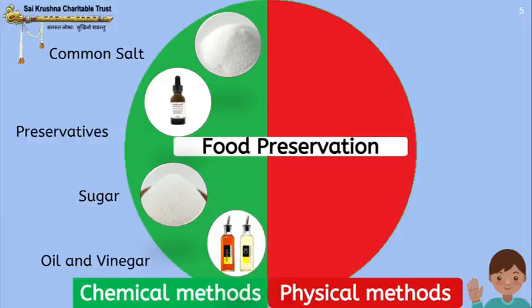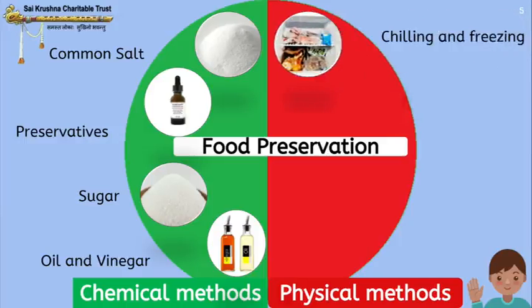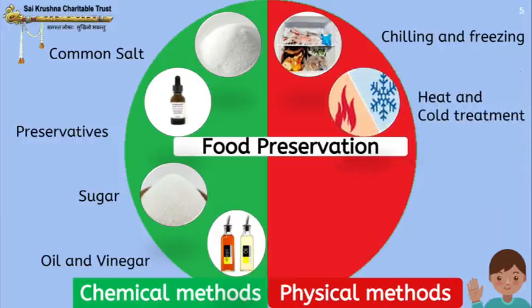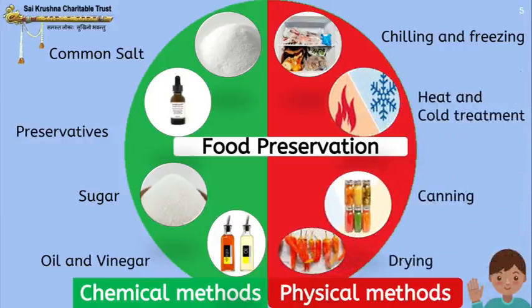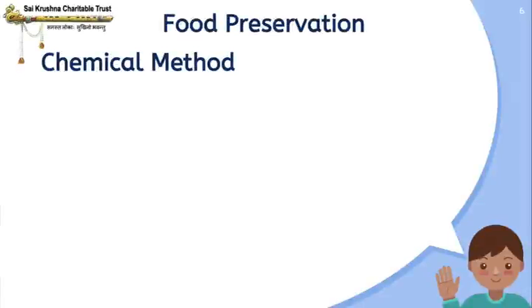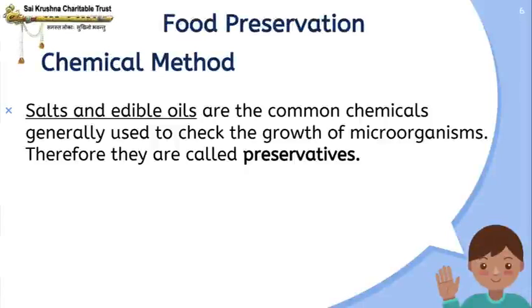Some of the physical methods of food preservation are chilling and freezing, heat and cold treatment, canning, and drying.